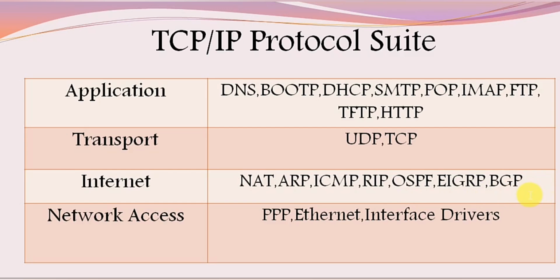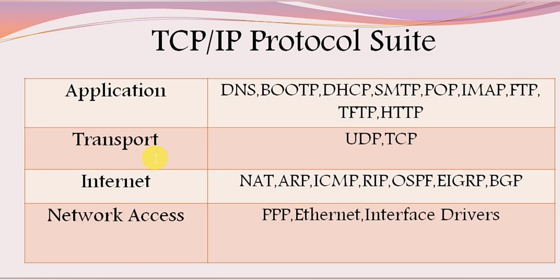As we know, routing protocols are nothing but defining a router, and a router is a device that works with the network layer. Here the ICMP protocol is mainly used for IP support, and NAT and ARP are mainly used for the internet protocol.